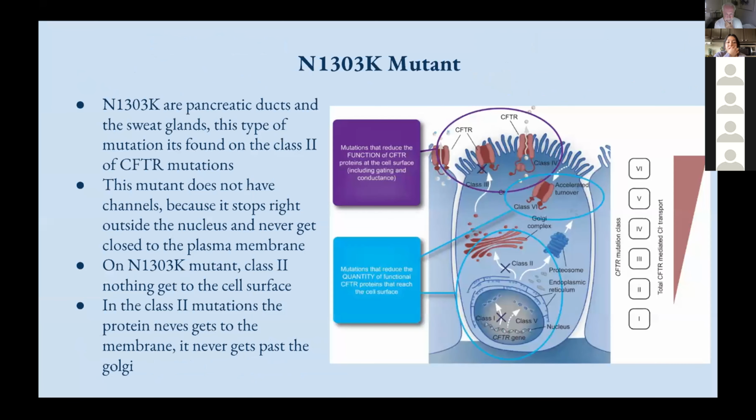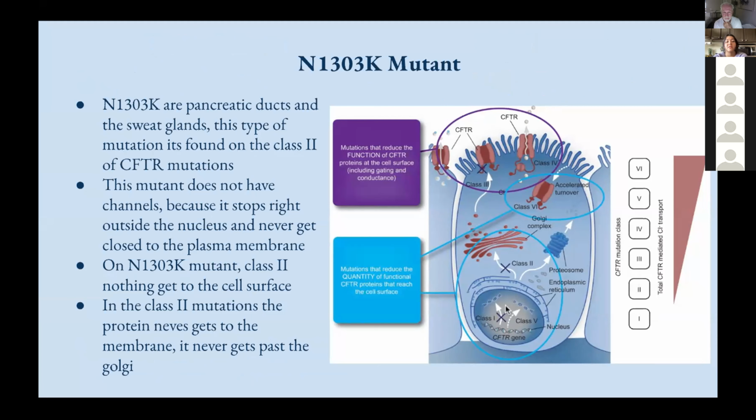So now moving into our mutant, which is N1303K. So this mutant is a pancreatic ducts and sweat glands, and this type of mutation is common to, we can see it right here.